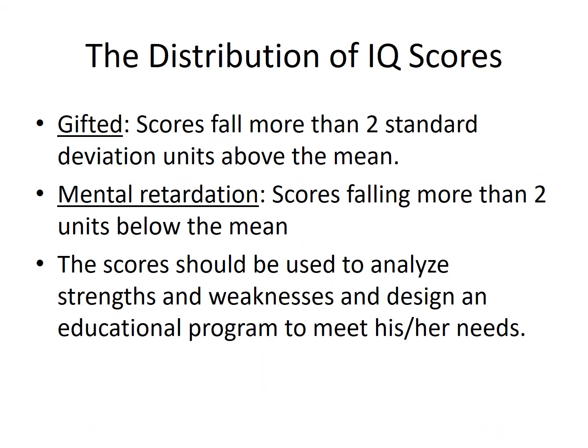The terms that are used for people that fall 2 standard deviations above are gifted, and the 2 standard deviations below fall in a range of mental retardation. As far as psychological terms and evaluation, I know that there's pushback from some educators on the term mental retardation. For test purposes, you need to know this.